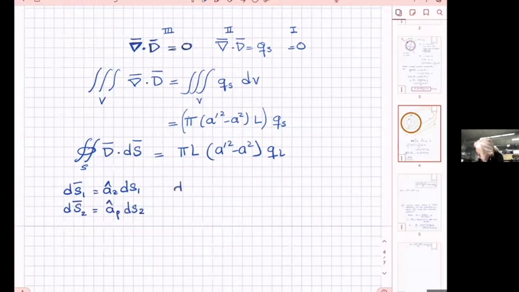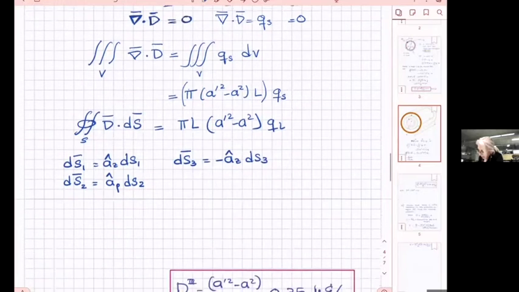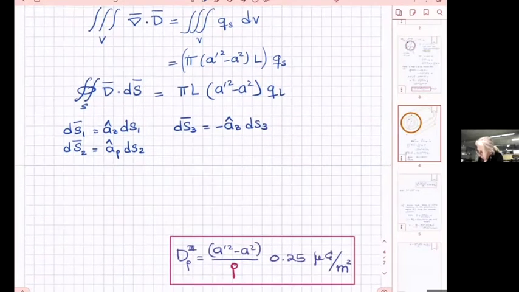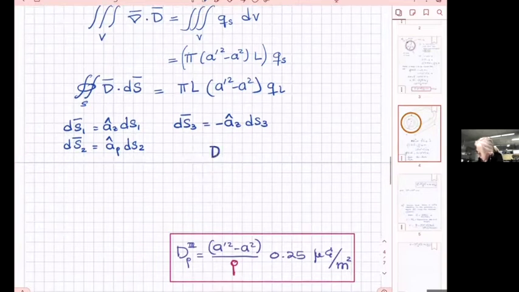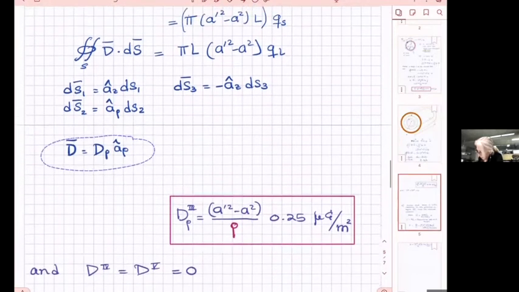And the back side, dS3, is going to be on the opposite Z direction. So the front 1 and 3 do not contribute because D is along only the rho direction. All right, and it's only the side that contributes.